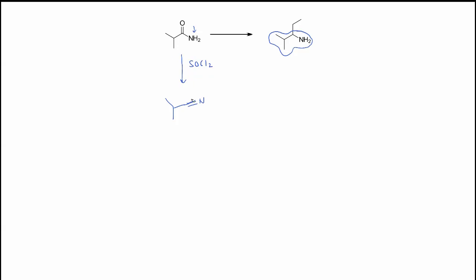So if I make the nitrile and then add the 2 carbons via a Grignard with this, and an acid workup, that is going to give me a ketone with the 2 ethyl groups.